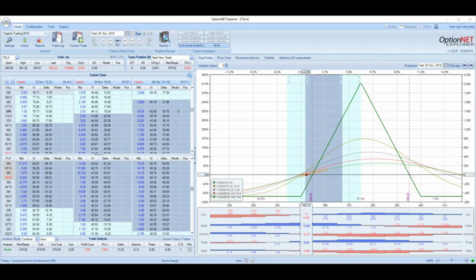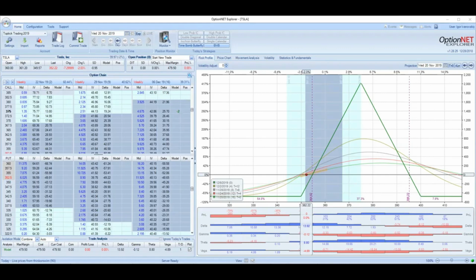And I think that by placing balanced butterflies out of the money, we are essentially expressing our directional bias. So it's kind of the same thing. So for me, I use balanced butterflies when placing short strikes out of the money.